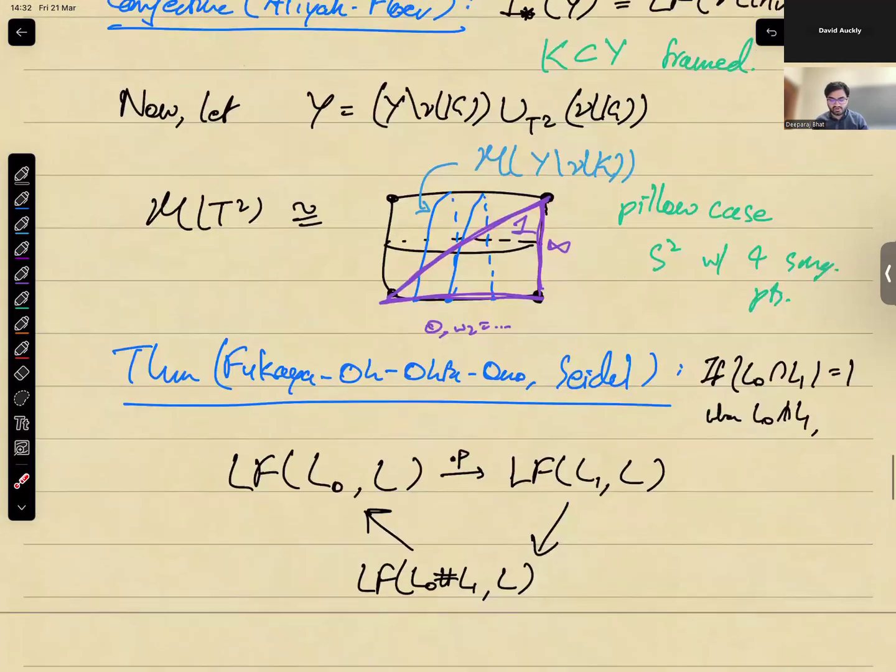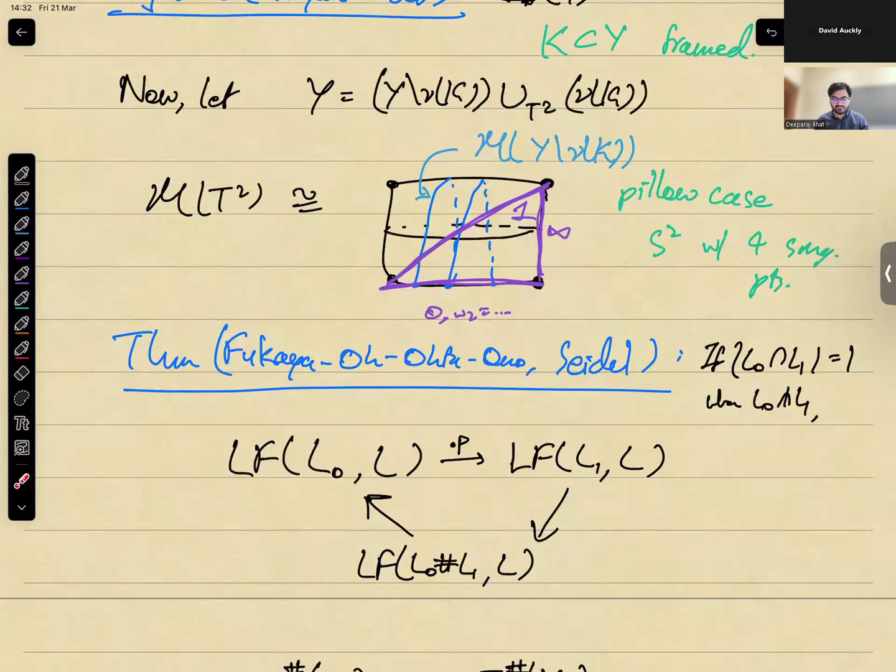So I want to recall the official result from symplectic geometry. There are various versions of this, and one of them is by Fukaya, Oh, Ohta, Ono, and a very similar version is also due to Seidel. In the simplified context, at least what we're thinking about, we want two Lagrangians that intersect at exactly one point, and they intersect transversely.